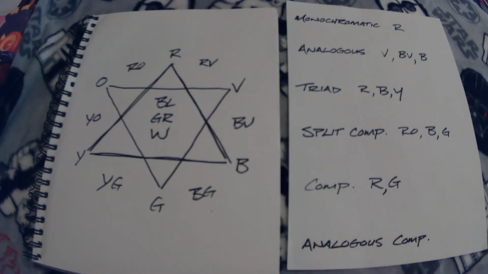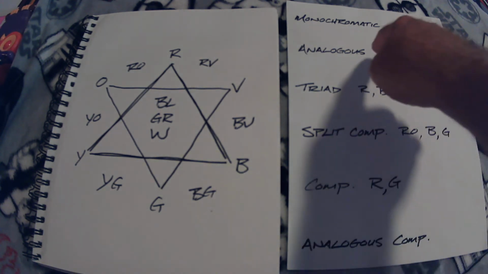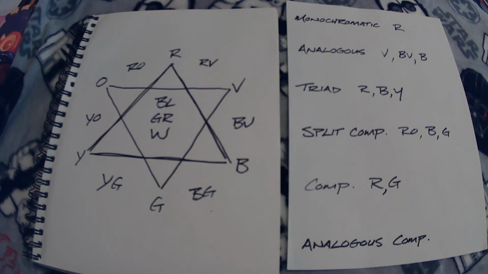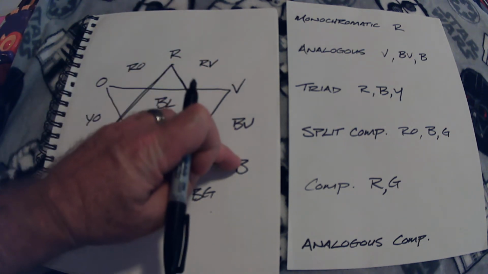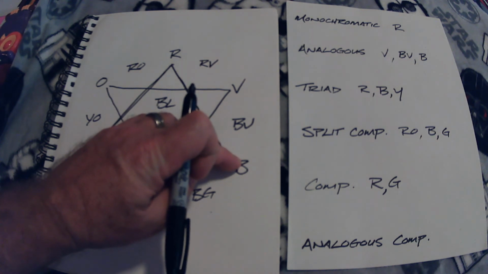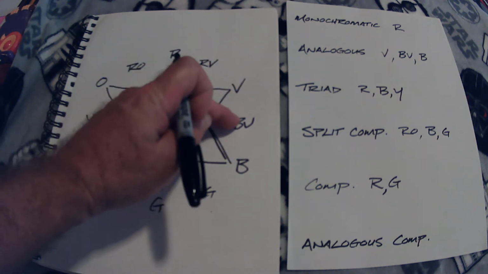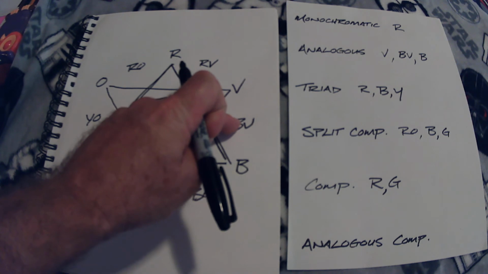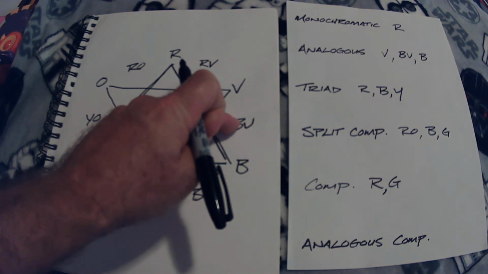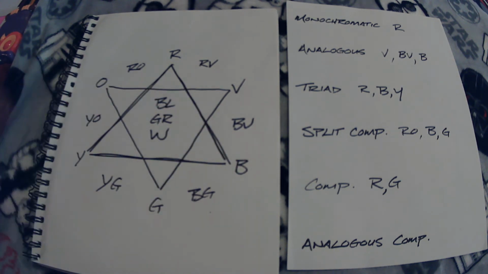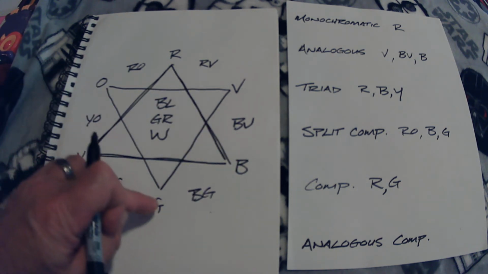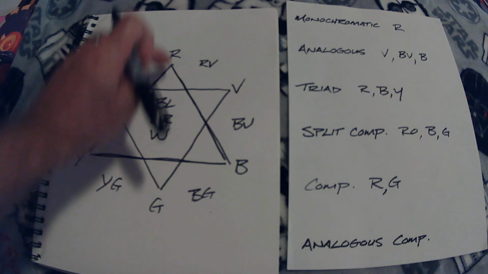And our last one is analogous complement. Now back when we did analogous, those are the colors that are right next to each other, and we chose violet, blue-violet, and blue. And for the analogous complement, you go violet, blue-violet, and blue, and you take the complement of the center one. So that would be yellow-orange. So violet, blue-violet, blue, and yellow-orange. Yellow-green, green, blue-green, and red.